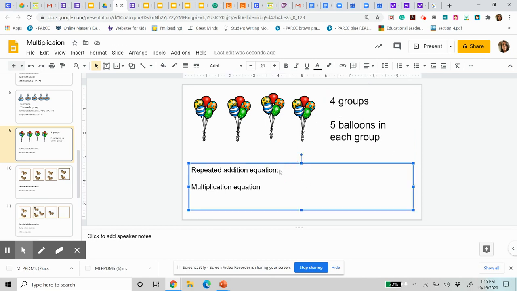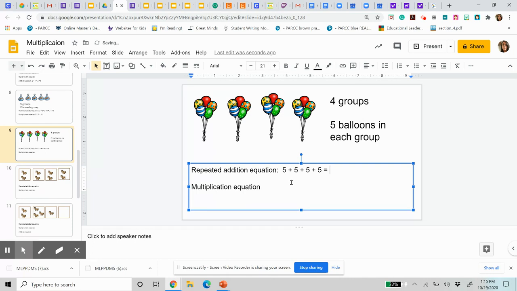So we can do repeated addition because the number is going to repeat, right? It's going to be 5 plus 5 plus 5 plus 5. The same number is repeating, so it's called repeated addition.